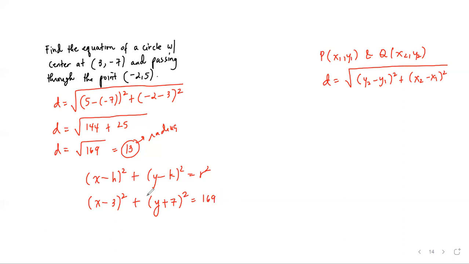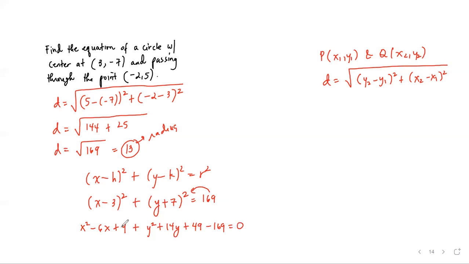So if we're going to write this in the general form, we just need to expand the squares. So we have x squared minus 6x plus 9, and then we have y squared plus 14y plus 49, and then transposing 169 to the other side, we have 1 minus 169 equals 0.